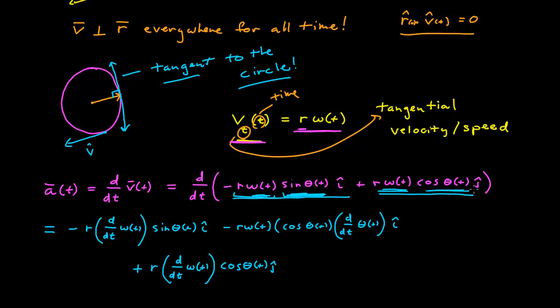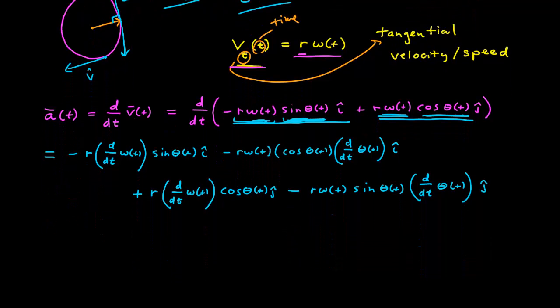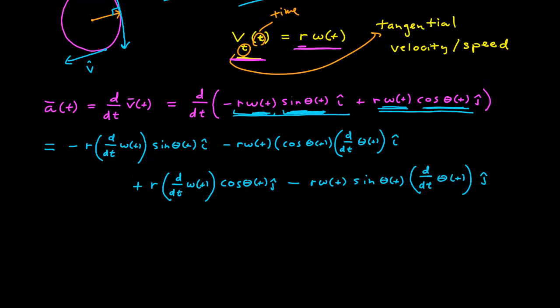And now we need to differentiate the second part, and so the derivative of cosine theta is negative sine theta, so we're going to get a negative r omega as a function of t sine theta t. But again, chain rule means we have to have another derivative of theta with respect to t, j. All right. So there's some good derivative practice for us.